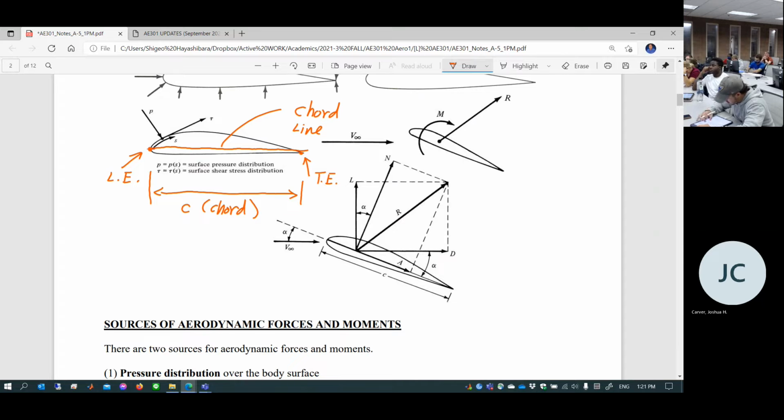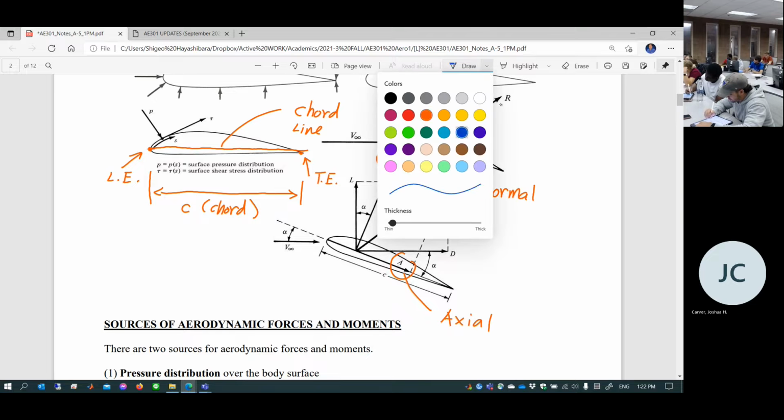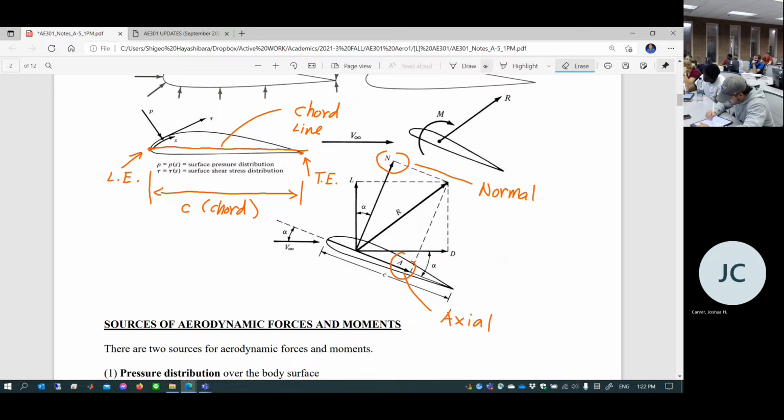Of course, it's naturally coming from the direction. So this is called normal force, and this is called axial force.